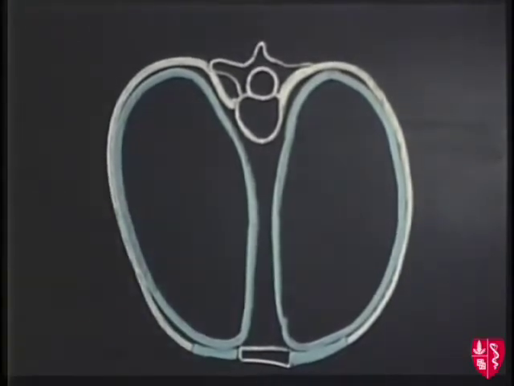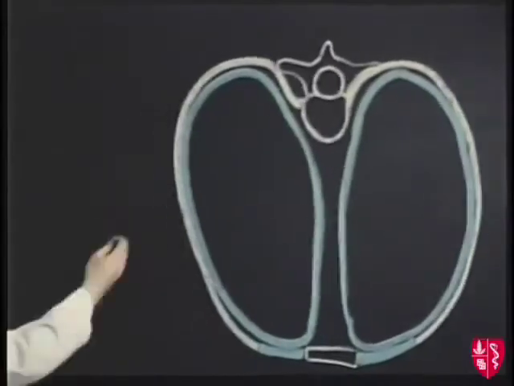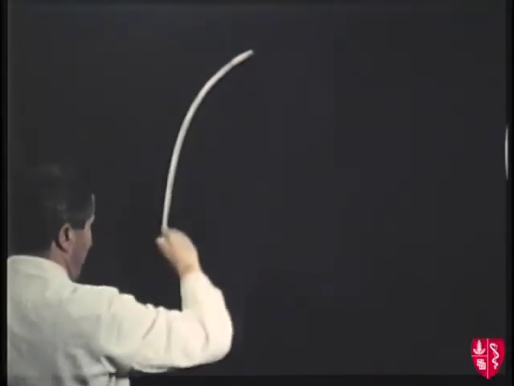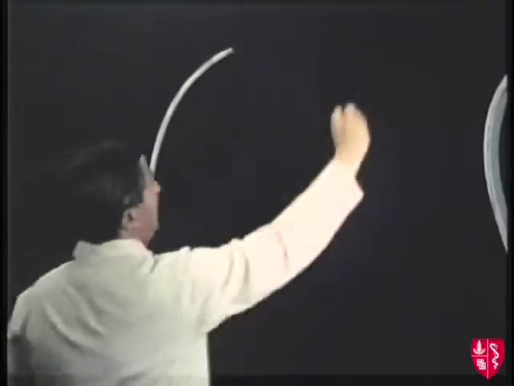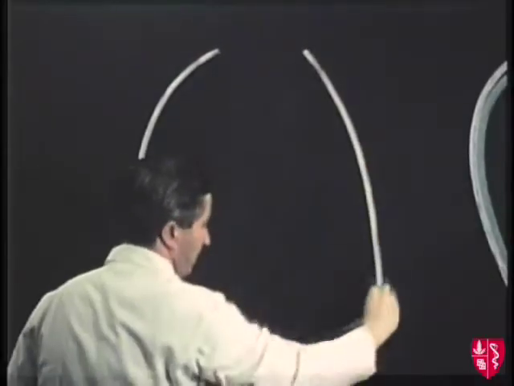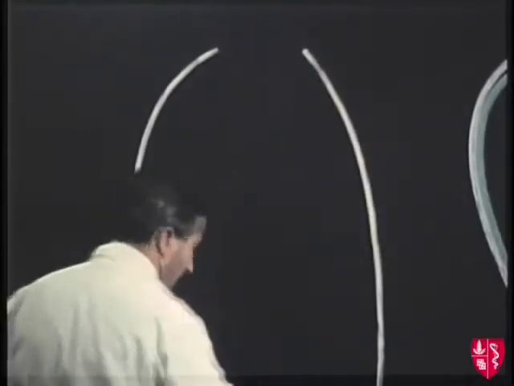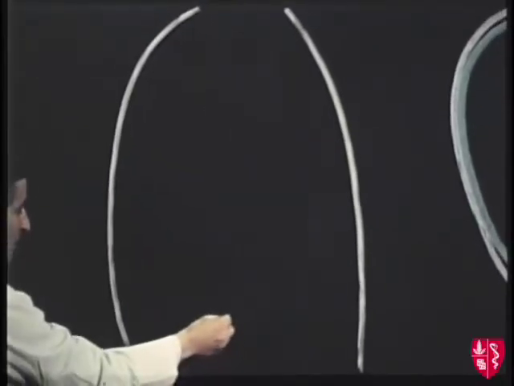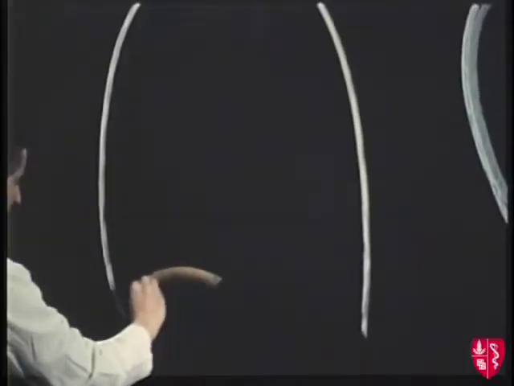Now, if we look in another diagram next door to this of a coronal section through the thorax, we can make up the same type of picture. This we can indicate as being the chest wall on either side, and below we can indicate the position of the diaphragm, which closes the thoracic outlet down below.